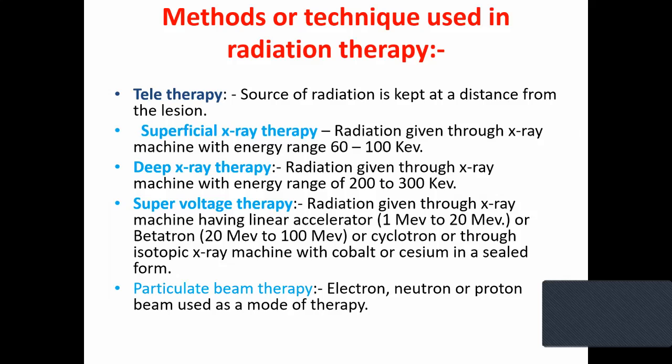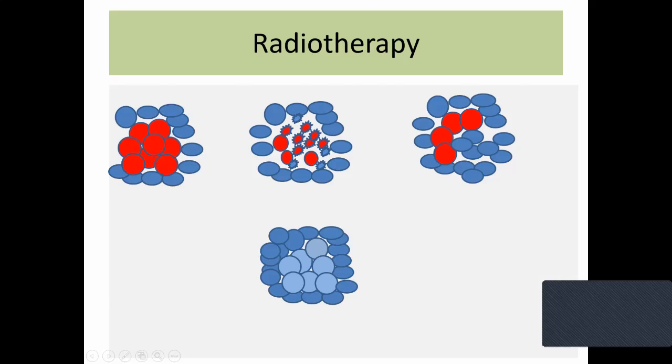Now you see here, the red ones are the tumor cells and these are the healthy cells. Once we give radiation therapy, a larger number of tumor cells get damaged as compared to the healthy cells, right? And once they get damaged, oxygen is available to the nearby tumor cells. Also, the dividing capacity of the tumor cells after irradiation is less as compared to the healthy cells.